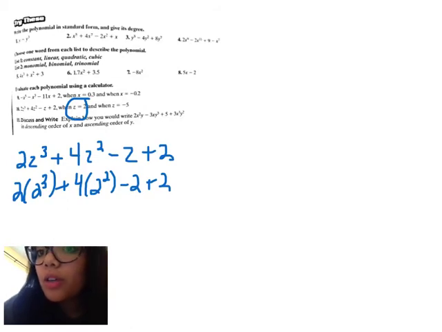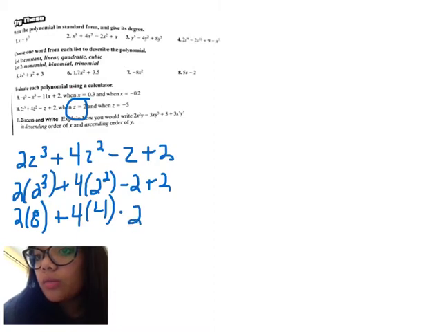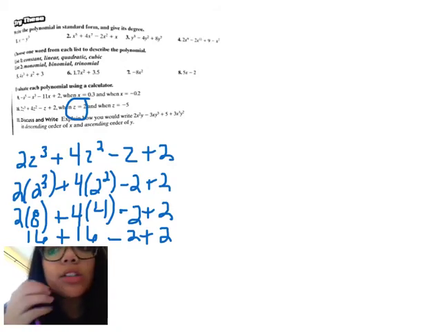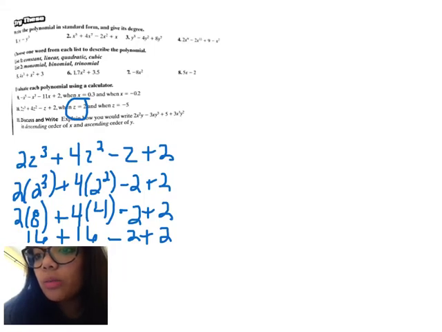2 times 2 cubed is 2 times 8, plus 4 times 2 squared, which is 4 times 4. Minus 2 plus 2. 2 times 8 is 16, plus 16, minus 2 plus 2. Now you have adding and subtracting, and I know in order of operations you go from left to right.